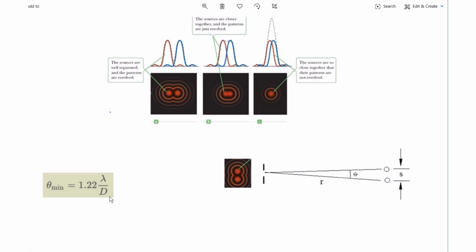So what this tells us is the bigger the aperture, the smaller the angle you'll be able to resolve between the two stars. R, remember, is the distance from the telescope to the star. S is the distance between the two stars. And theta is the angle.